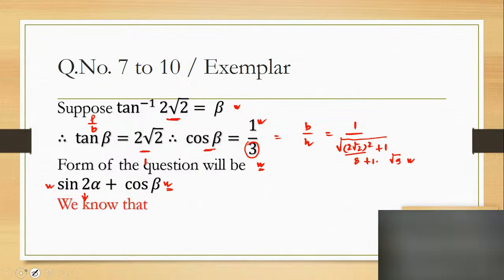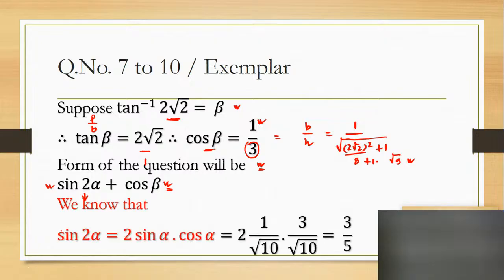So we write down here sin 2 alpha equal to 2 sin alpha into cos alpha, and the value is 2, and sin alpha equal to 1 by root 10 and cos alpha equal to 3 by root 10. So root 10 into root 10 equal to 10, and 2 fives are 10, then we get 3 by 5. Hope there is no problem to understand up to this step.